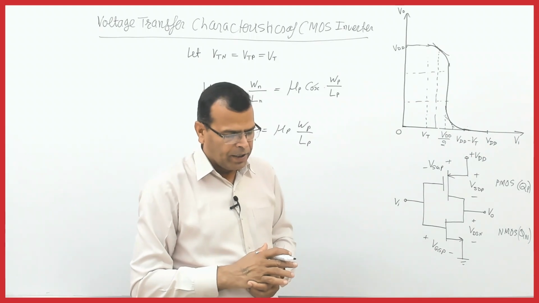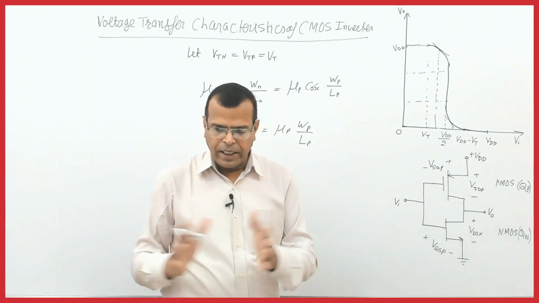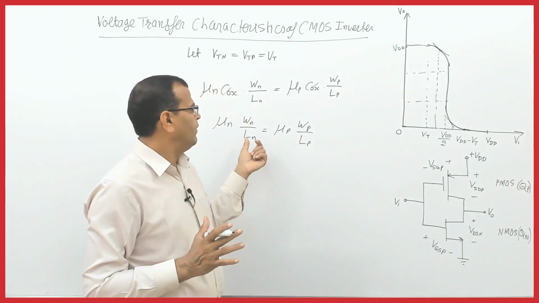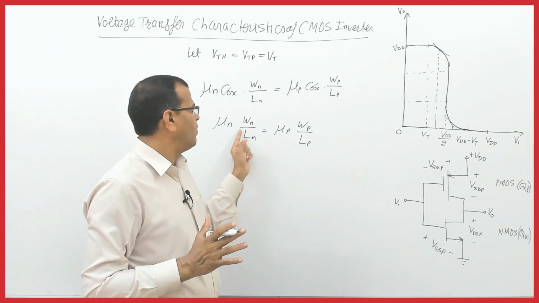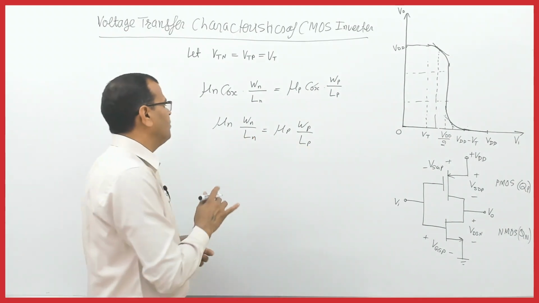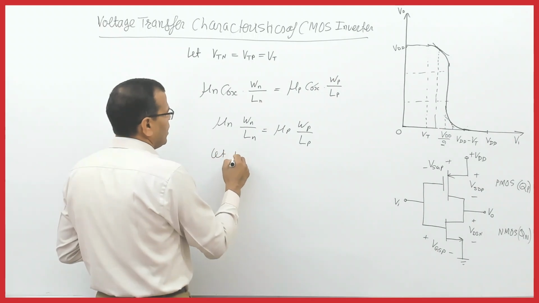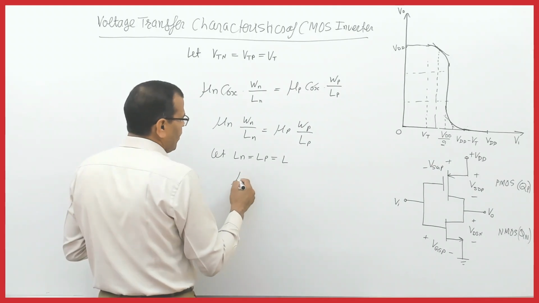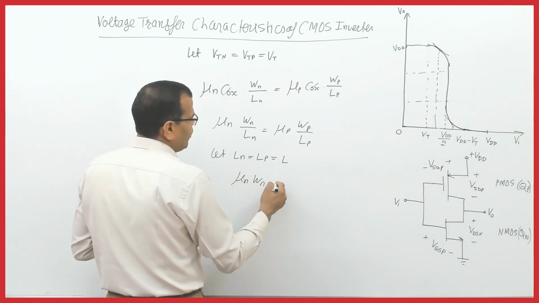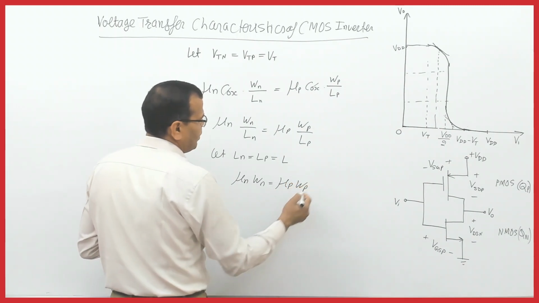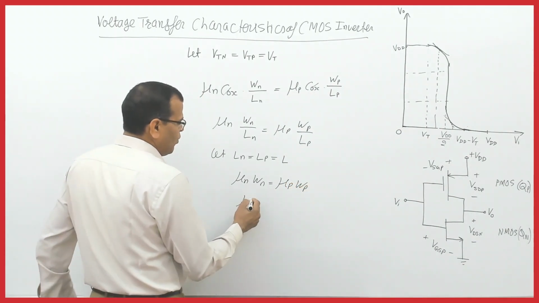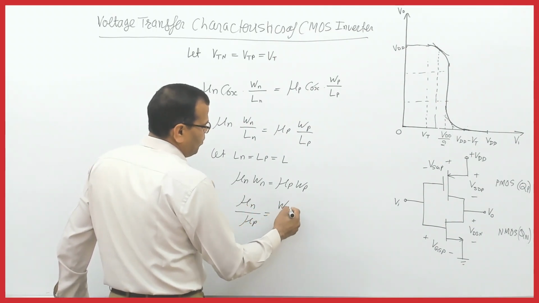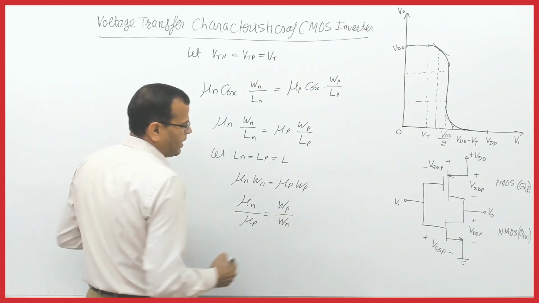Here, if you take the same length of the channel, what I mean to say is, if the length of channel in NMOS is the same as the length of channel in PMOS, so let Ln is equal to Lp and that is equal to L. That is again an assumption. So you will have mu n Wn equal to mu p Wp. But remember, mu n by mu p is equal to Wp by Wn.